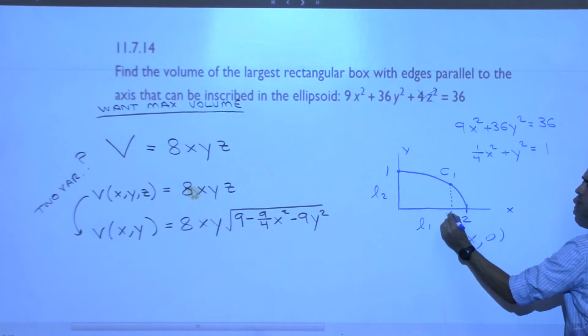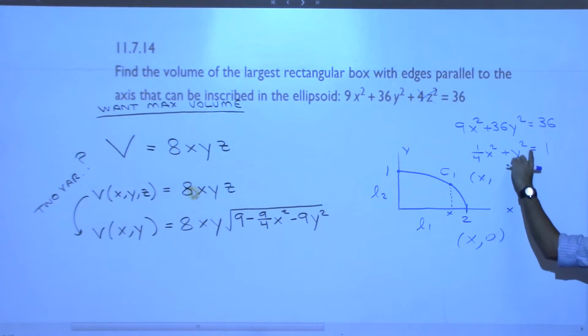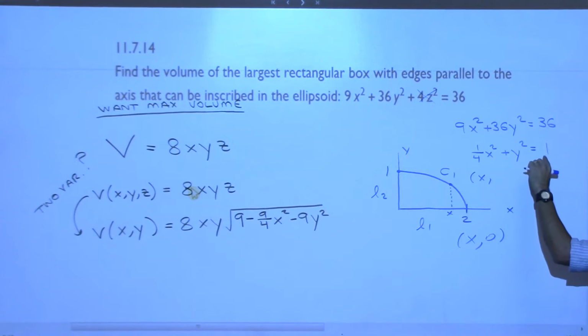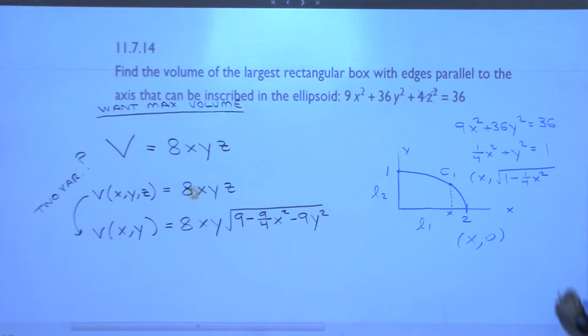It's going to have some x coordinate, and then the y coordinate is going to be this solved for y, which is the square root of 1 minus a fourth x squared. Move that over, square root. Do y'all feel okay with this? It's a lot to swallow.